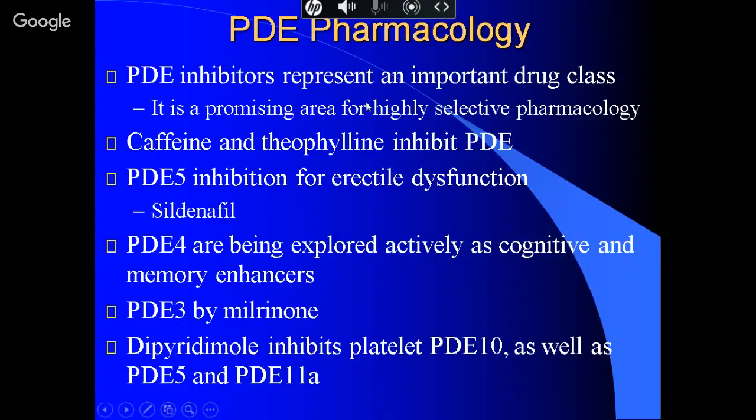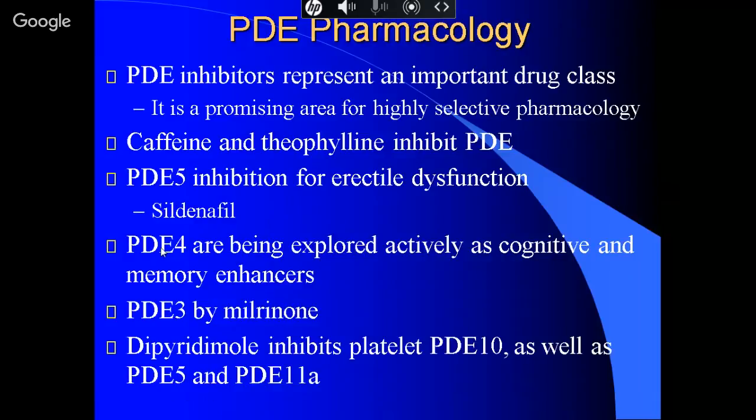This is where the pharmacologists really are hoping for highly selective pharmacology here, unlike caffeine, which is very broad in a group. Sildenafil is PDE5, okay? PDE4 is being explored. These are the phosphodiesterases. Be clear that we're not synthesizing.